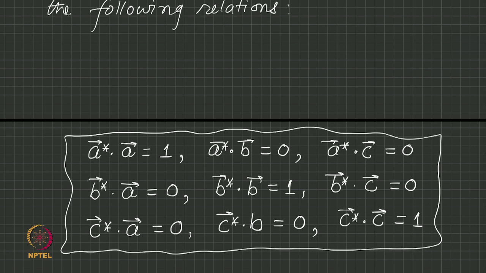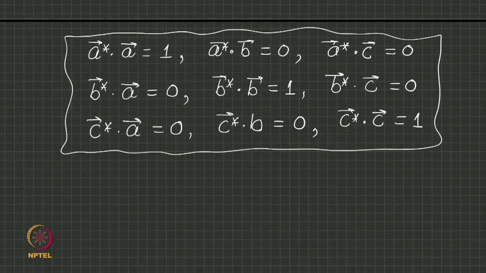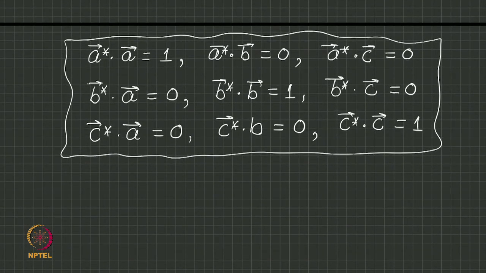So, directly A star, B star, C star is not being given to me. They are such that they satisfy these relations. That does not help much. So, let us explore it a little bit more carefully, because we want A star itself, not the relation which A star should satisfy. So, how do I find A star?